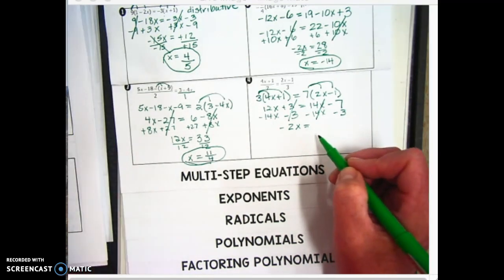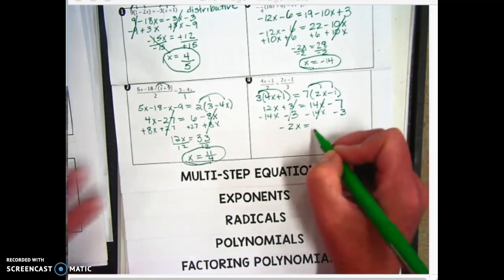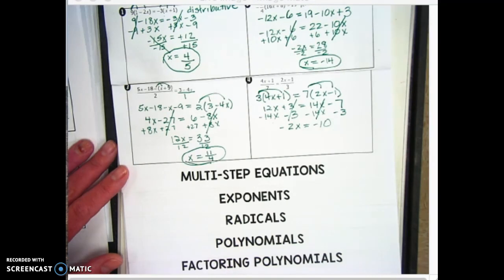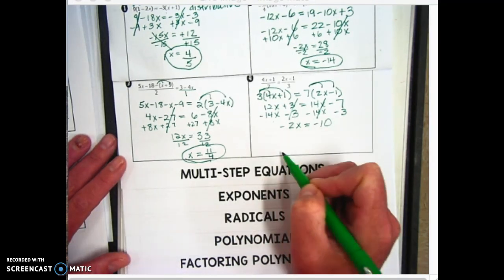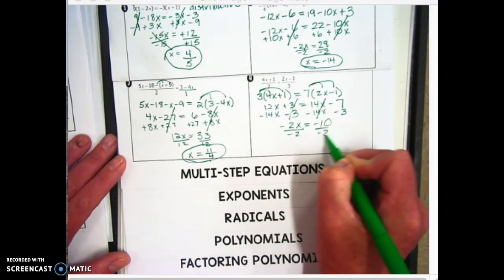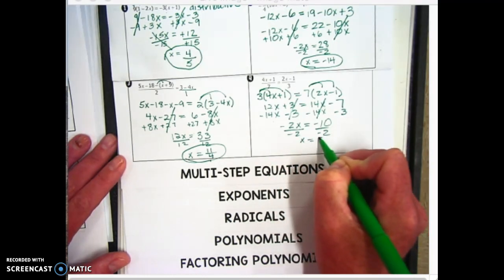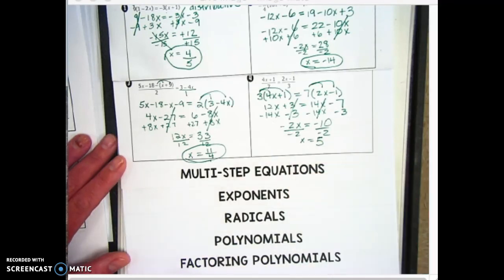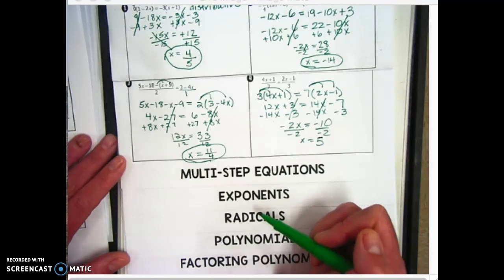Makes it even more negative, so it becomes negative 10. And the last step, that x is being multiplied by negative 2, so we divide by negative 2. So x should be 5. And positive, right? Because negative divided by negative is positive.